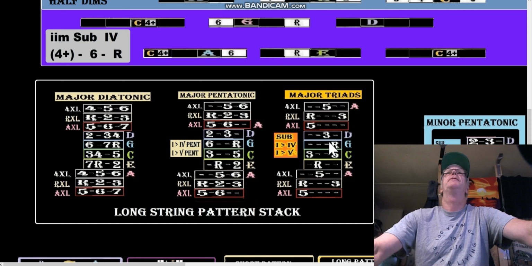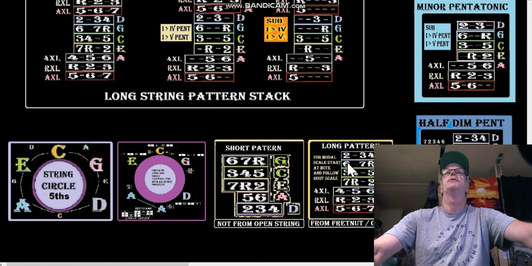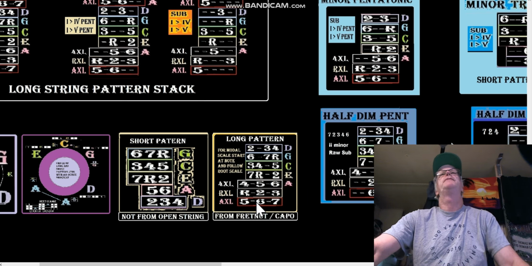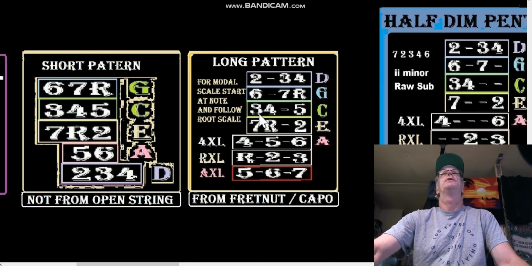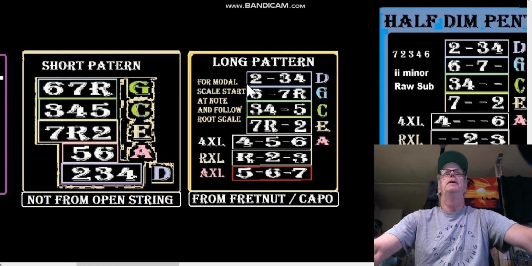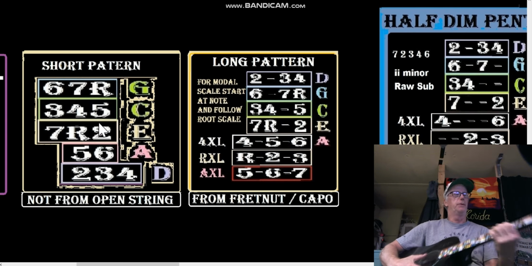I only got 3 of them here, and then the others are brought over from the chart the way they were. And this you might find easier to look at, and that is the short pattern and the long pattern of the string shapes. 2, 3, 4, 5, 6, 7 root, 2, 3, 4, 5, 6, 7 root.